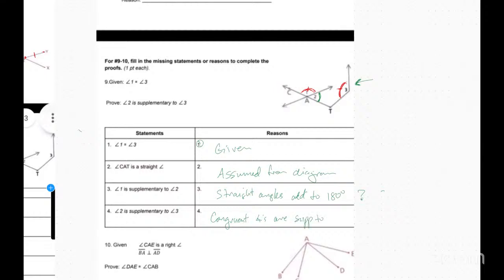Let's see, what would you say? 2 is supplementary to 3. So supplementary angles, an angle that is supplementary. See, it also could be the transitive property or the substitution property.